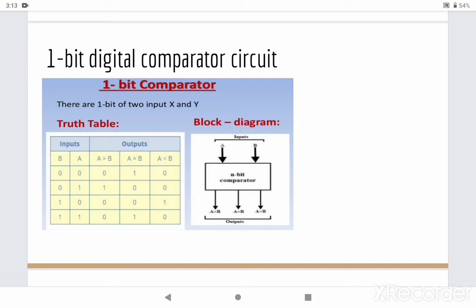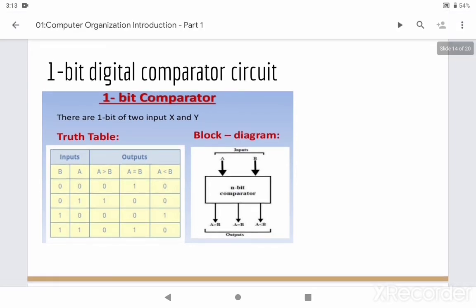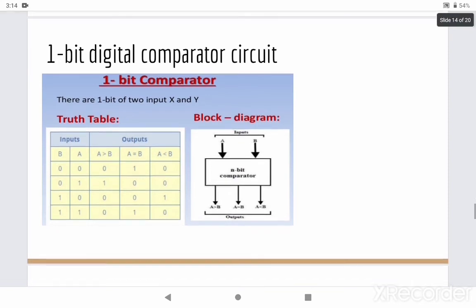Then in the next portion we are giving B as 0, A as 1. So I am passing 0, 1. Then A greater than B. That means 1 greater than 0. Yes, obviously. So we can place the 1 in that location. Then we are passing to the next row, and the value of B is 1, value of A is 0.